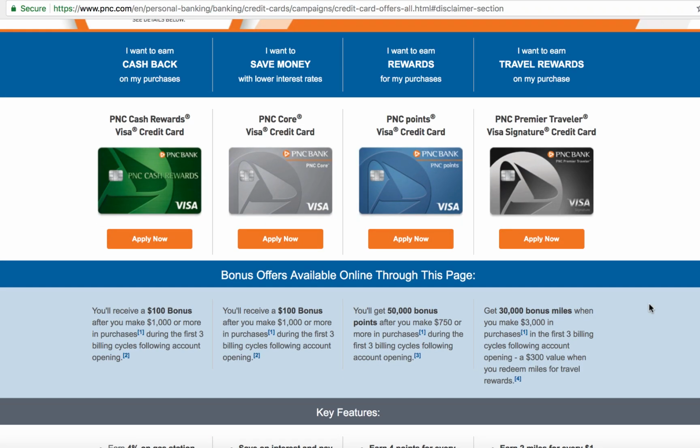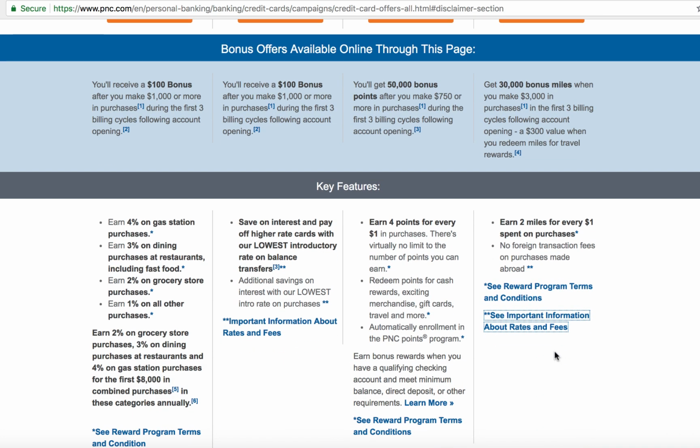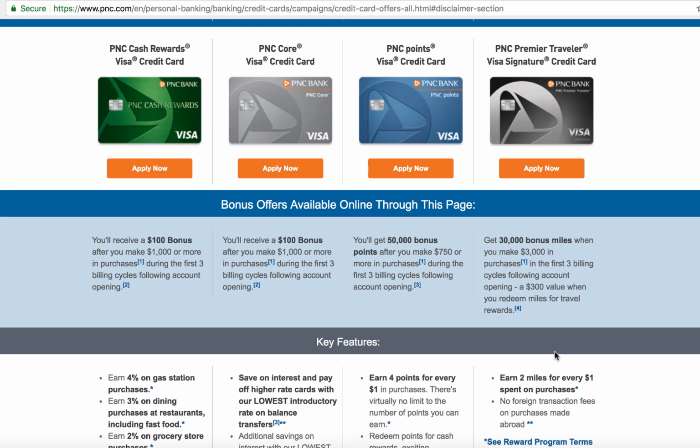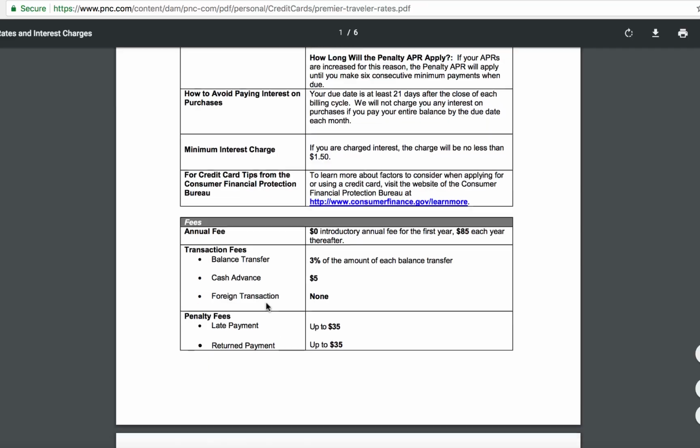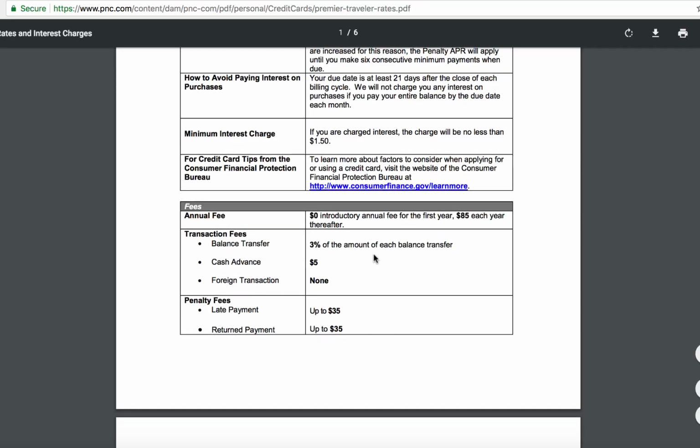I am going to share the process of making the analysis when you're picking the credit card. So I know that PNC offers 4 different credit card types. So whenever I'm analyzing the potential credit card that I'd like to use for the strategy, I would analyze it from the filter of this strategy. And what I mean by that is that you want to take a look at all of the fees. You want to be aware of those.